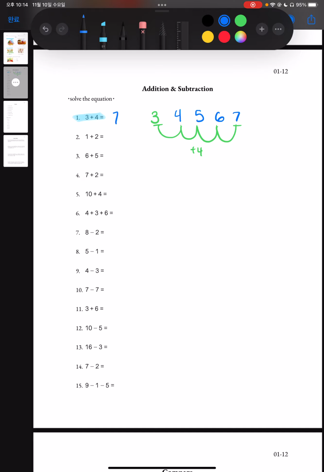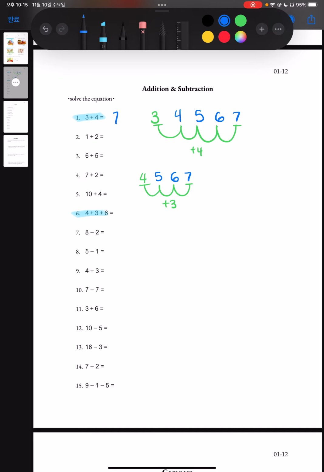Similarly, we can do number 6 as an example. Now this is adding 3 numbers, but it works the same as number 1. So let's start by writing the number 4 down and move 1, 2, 3 steps to the right, and count 4, 5, 6, 7.